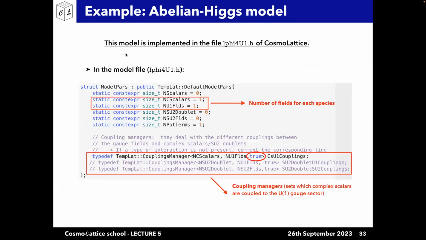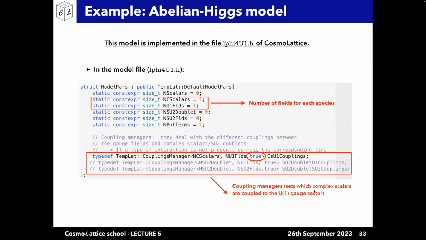So the way in which a model like this is implemented in CosmoLattice is very similar to what we do for a scalar model. We just need to specify the number of fields of each species that we have. In this case, we have one complex scalar, one abelian gauge field, and one potential term, which is lambda phi to the 4. Then we need to add a line, which corresponds to this function called couplings manager.